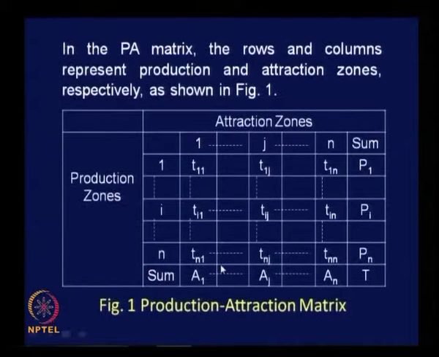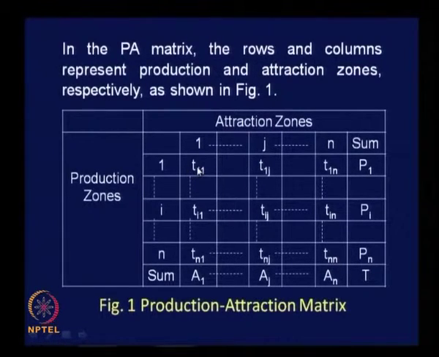right. Similarly, if you sum all the cell values along a column, let us say T11, T21 and so on up to Tn1, right. We have indicated that value as A1, that is nothing but the total of the trips attracted by zone 1. The sequence will be like this: 1, 1, then what will be the cell value here?